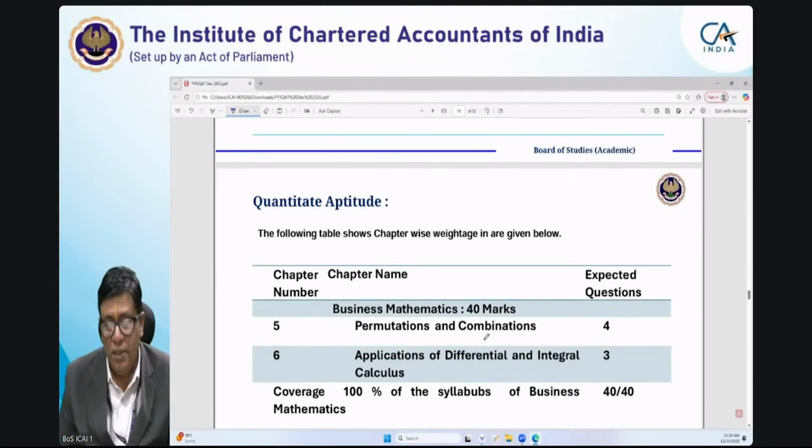And application of differential and integral calculus. I already discussed that there are no trigonometric applications. Let us concentrate on the important aspect, the margin. What is the meaning of marginal cost and marginal revenue? When the total revenue function is given, if you differentiate that function, you get the marginal revenue function.